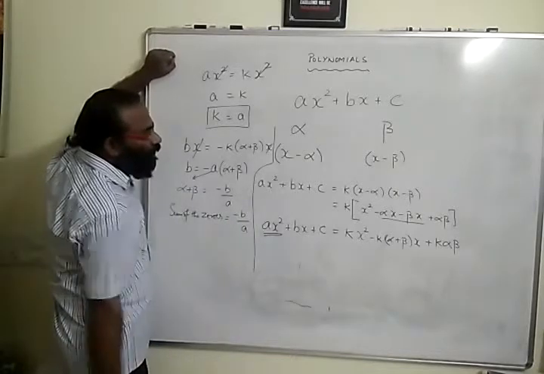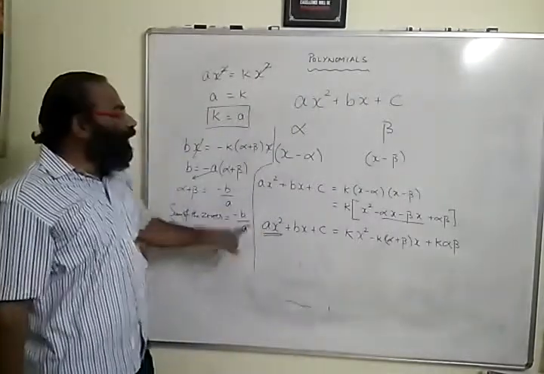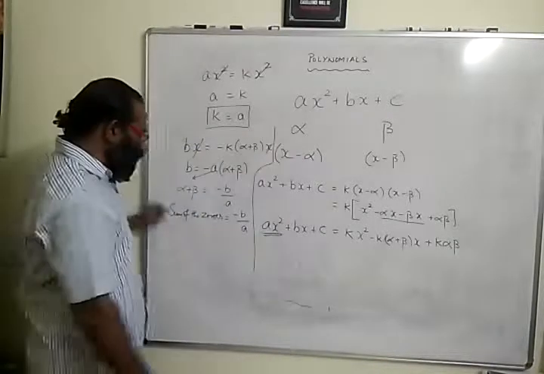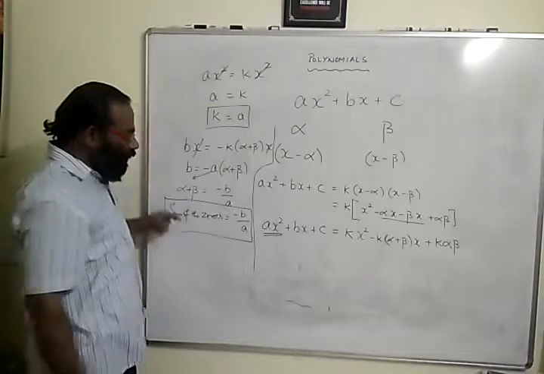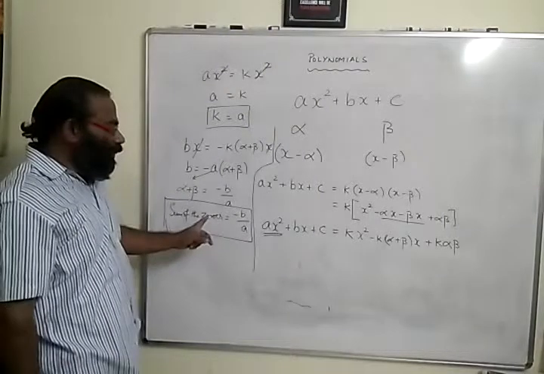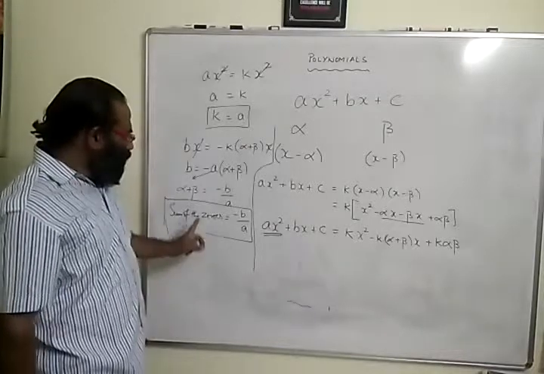What is b? b is the coefficient of x and a is the coefficient of x squared. This is the relationship that you need to keep in mind. There's one more thing that we still have.